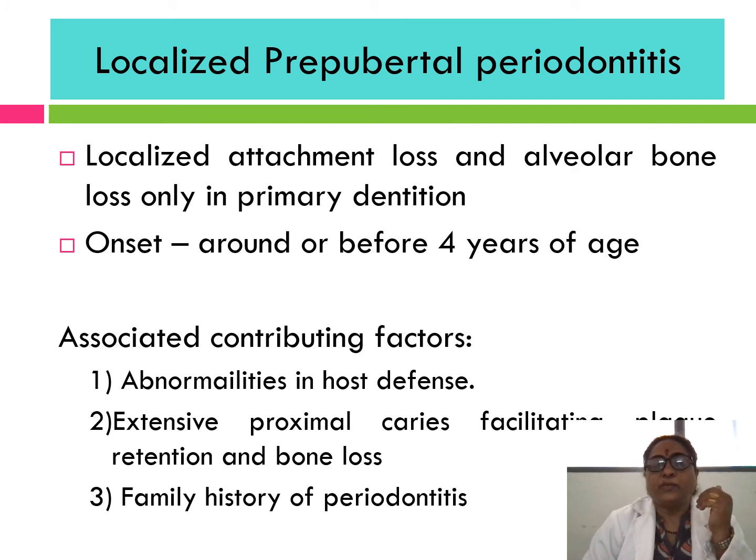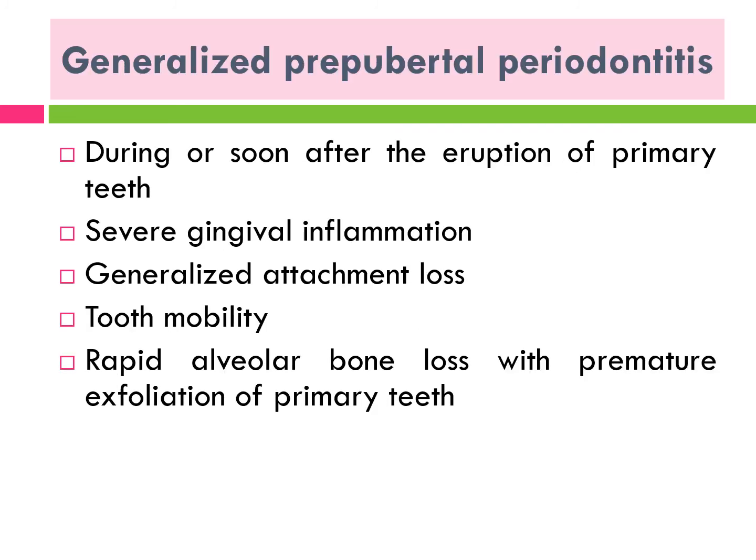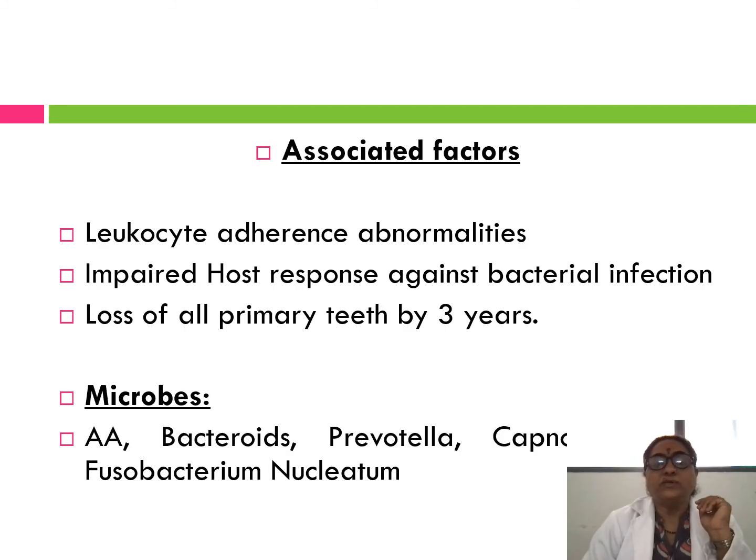Localized pubertal periodontitis is associated with abnormality in the host defense and family history of periodontitis. In these systems you see disease occurrence not only in the early stage, but also, if it is not taken care of, early loss of the teeth. Associated symptoms, as you all know, are also seen.